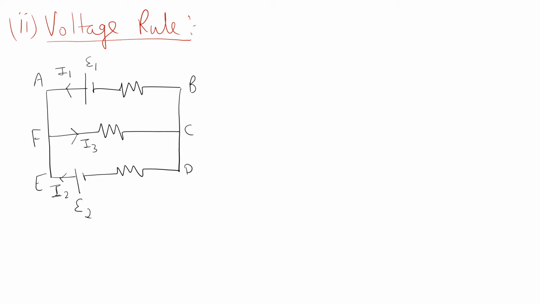The voltage rule states that if I multiply current with their respective resistance, that will be equal to the total voltage of the circuit.